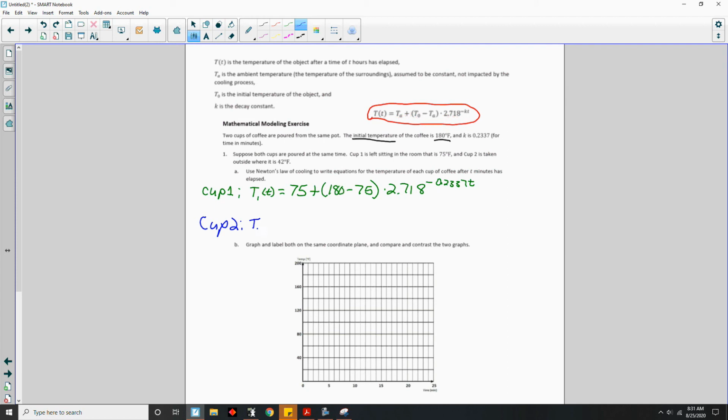There's the equation for the first cup of coffee, and then we do the same thing for the second. We're going to call this one T sub 2 of T, and it's outside, so the temperature of the surroundings is 42. So it's going to be plus the temperature of the coffee poured from the same pot, still 180, minus the temperature outdoors, 42, times 2.718 to the negative 0.2337 T. Forgot my 7.